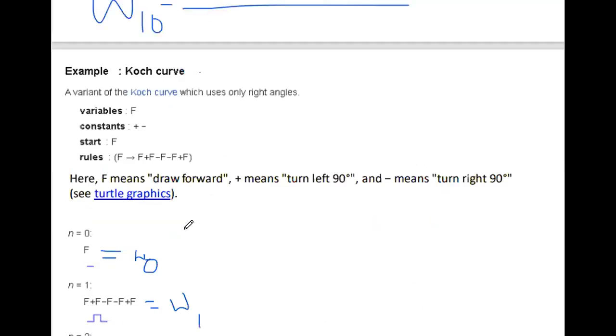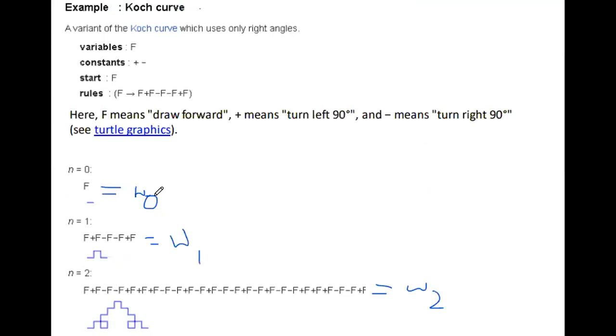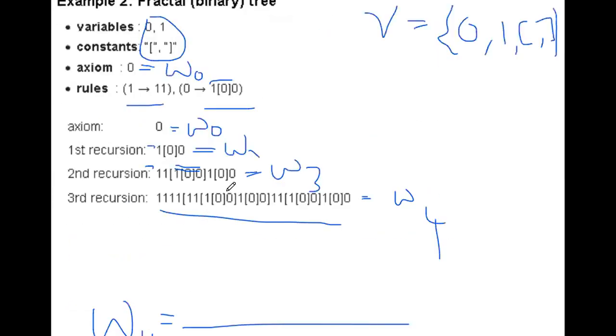Now we are going to visualize these rewrites, these words. It is very difficult to memorize them. Is there a mechanism to visualize them? When I say something, let's say tree, you can visualize the picture of a tree.